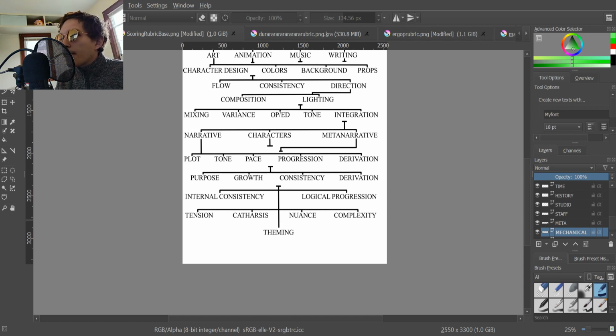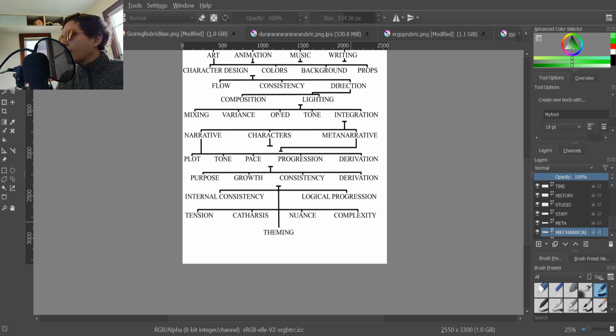That's nuance. And then complexity, which should be pretty apparent. How complex is it? How much did you have to pay attention to understand how the show was working? Or was it so bland that you could literally look at your phone for 5 minutes, look back up, and perfectly understand everything that was going on?